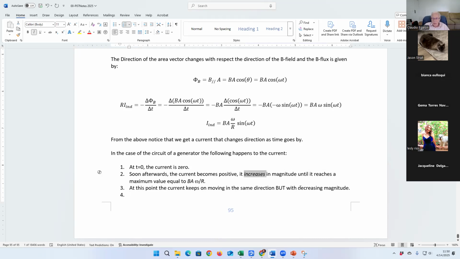Increasing magnitude, decreasing magnitude.